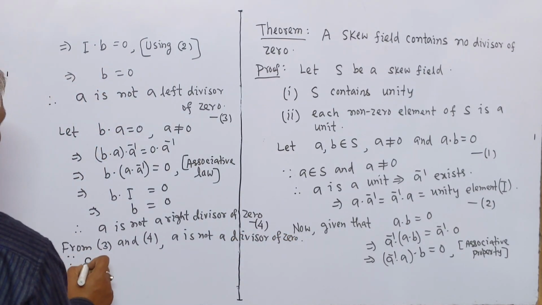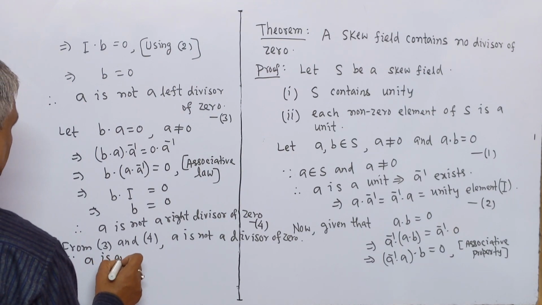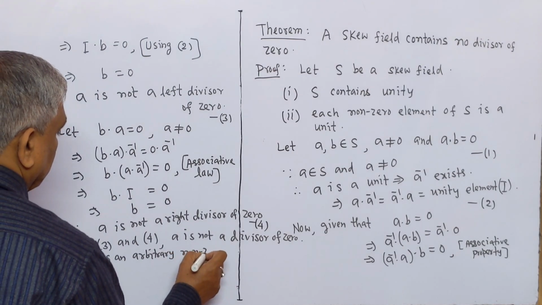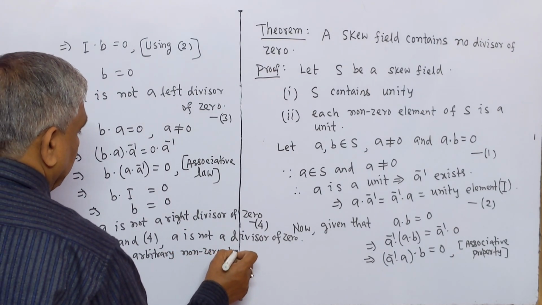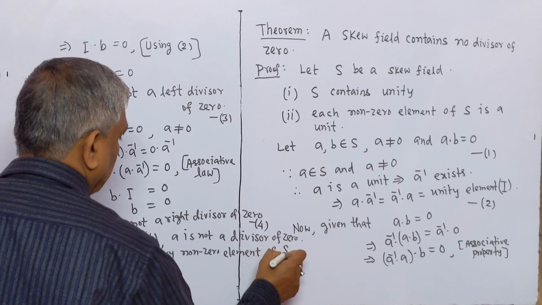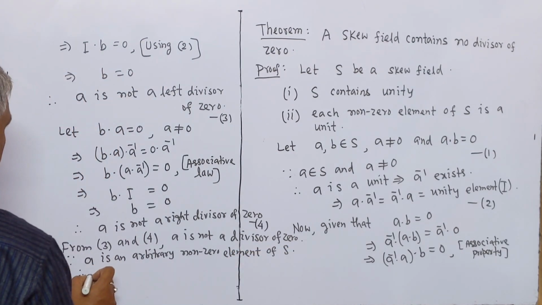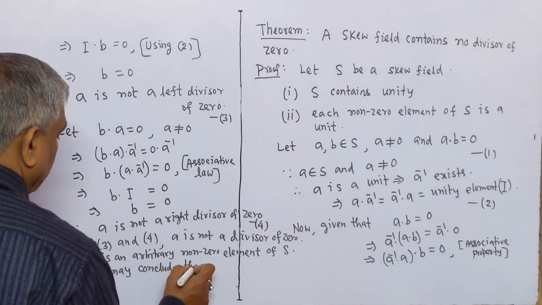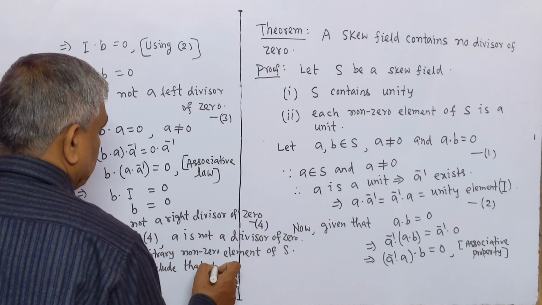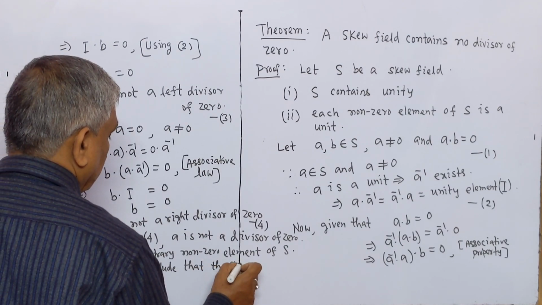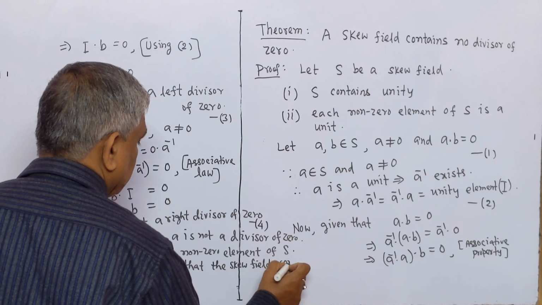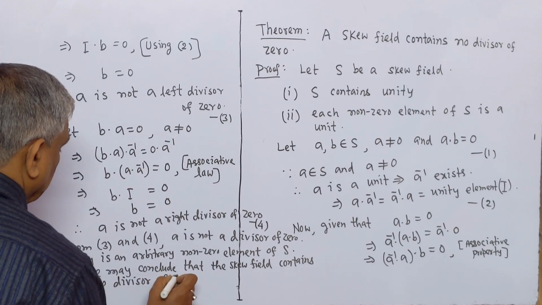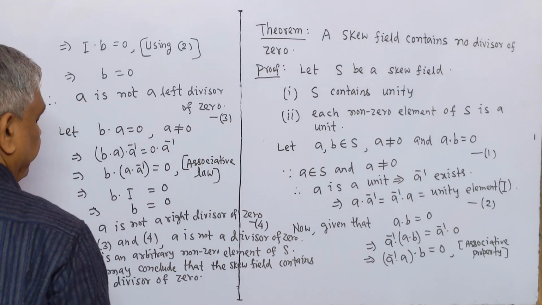Since A is an arbitrary non-zero element of S, we may conclude that the skew field contains no divisor of 0. Proved.